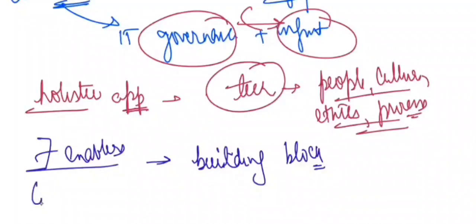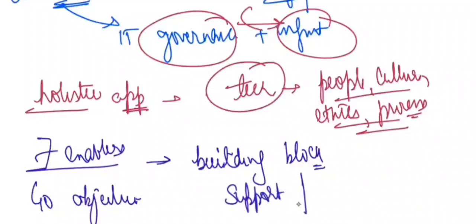And then there are 40 objectives. COBIT has 40 governance and management objectives that need support from all the enablers.